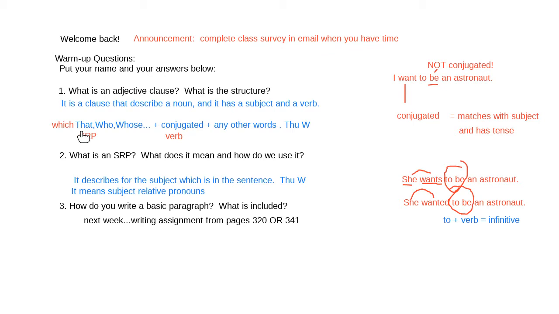Okay, so the structure, yes, Amani, do you have a question? Oh yeah, I had a question. Is it possible to have in one sentence more than one conjugated verb? Like for example, right here, you said in a sentence you need to have a conjugated verb and an infinitive, right?